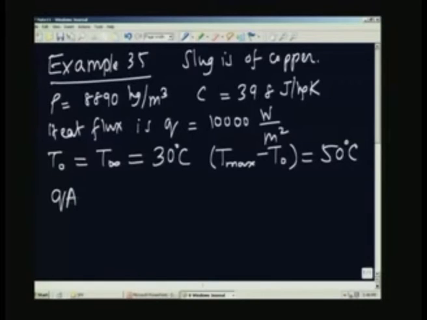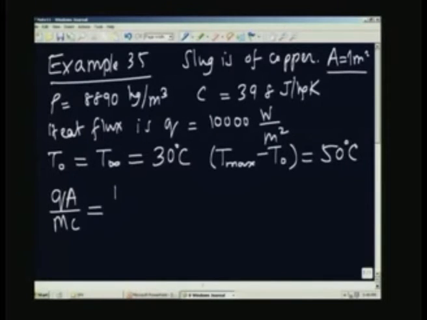So, let us calculate the various quantities which appear there. qA by mc, of course A is not mentioned in the problem, so we can calculate based on A equal to 1 square meter. In actual practice A will be a very small quantity, and anyway it does not come into the picture at all. So, what we require is qA by mc. If I put A equal to 1 meter squared, everywhere it will be A equal to 1.